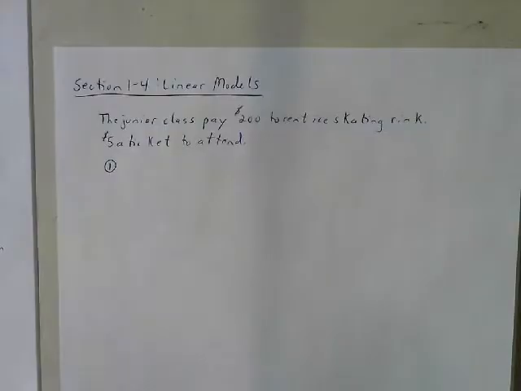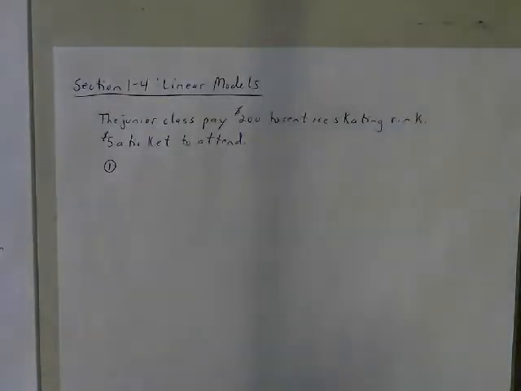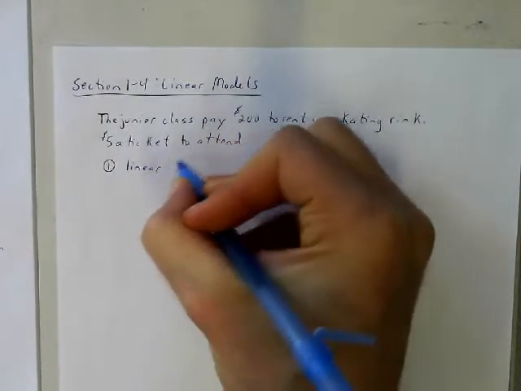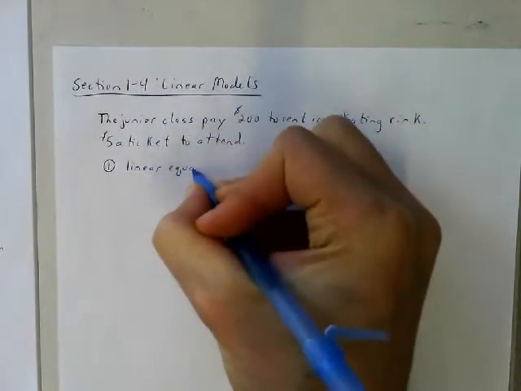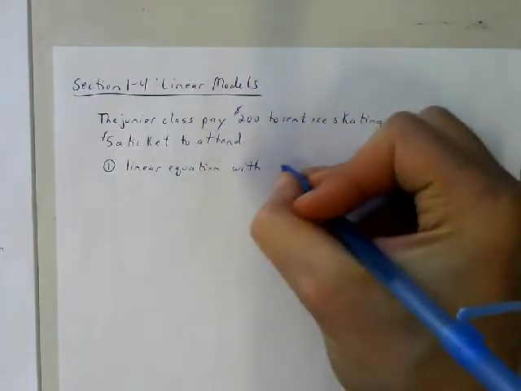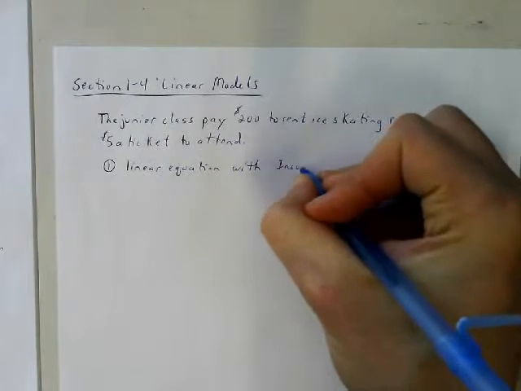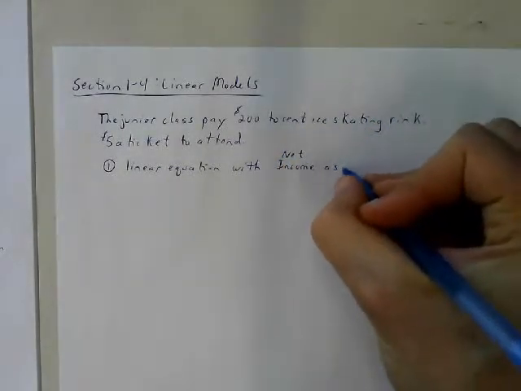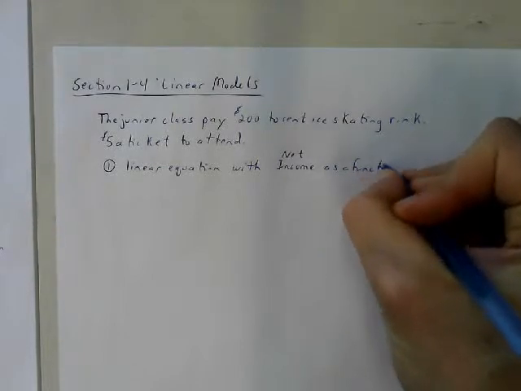So part one. Let's write a linear equation expressing the net income as a function of the number of tickets sold. So again, we're going to write a linear equation with net income as a function of tickets.